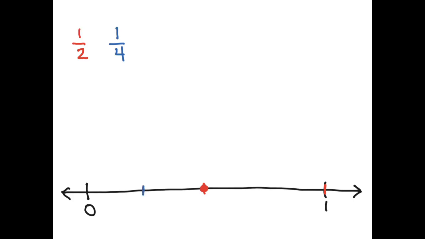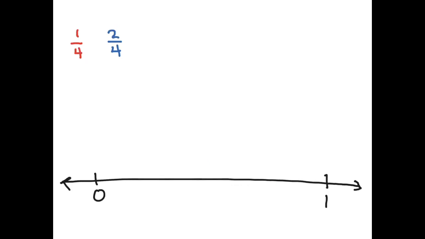So we're going to go 1, 2, 3, 4 parts, and we're labeling 1/4. So right here we have 1/4, and right here we have 1/2. So even though the numerators are the same, the denominators are different, and 1/2 is larger than 1/4.